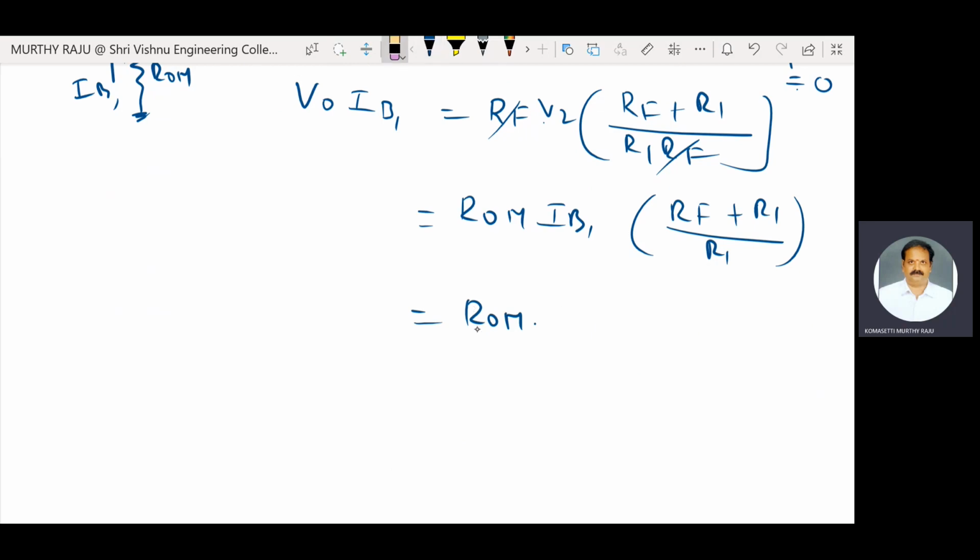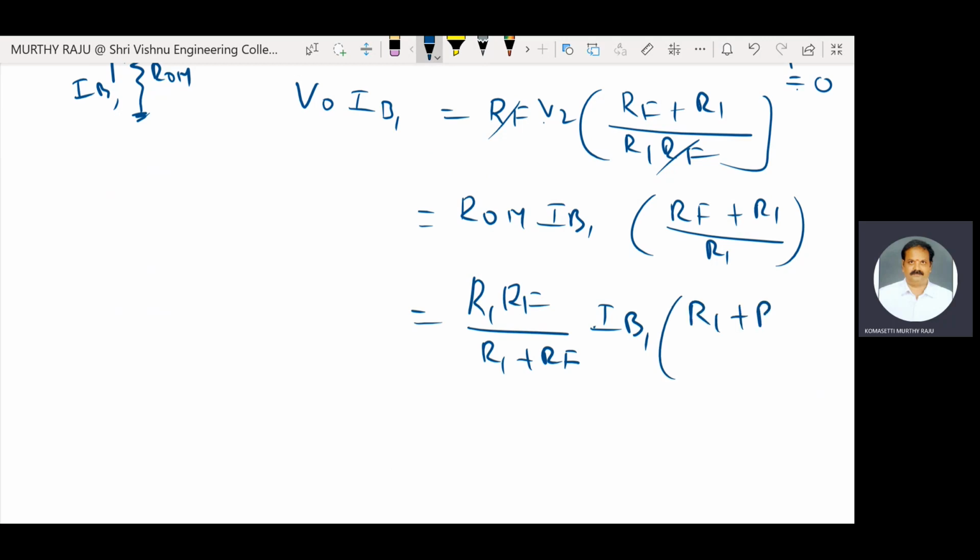ROM is nothing but the parallel combination of R1 and RF. That is, ROM is equal to R1 RF by R1 plus RF, into IB1 into R1 plus RF by R1 plus RF cancel. This R1 is cancelled. Therefore, V0 IB1 is IB1 into RF.